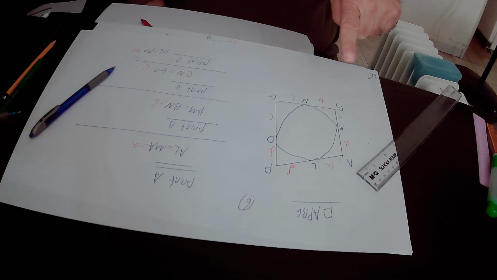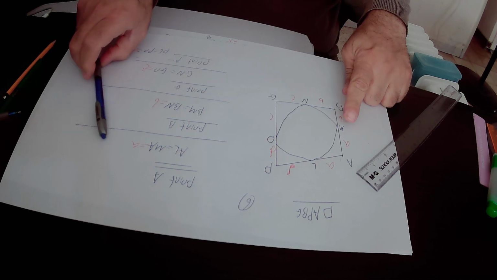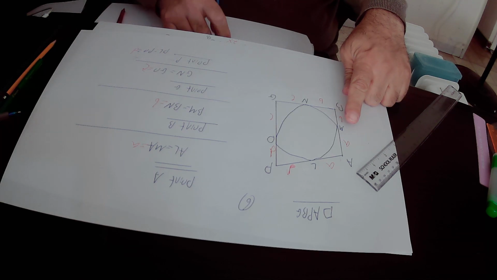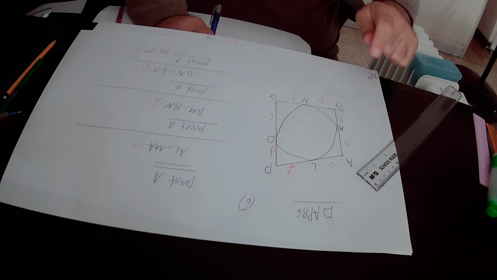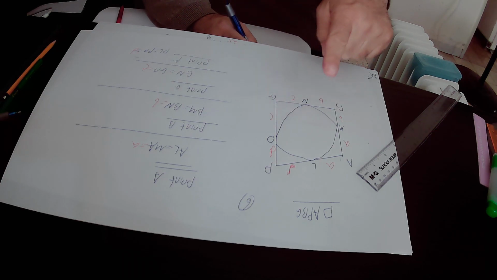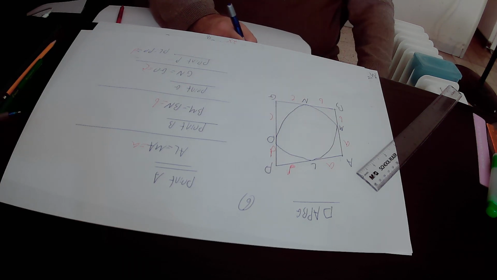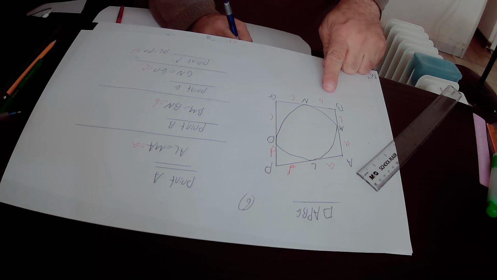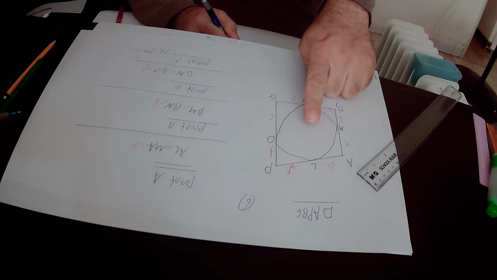Now we will add side AP and side BG of this quadrilateral APBG with each other. So here AP plus BG, side AP plus side BG. What is the length of side AP?